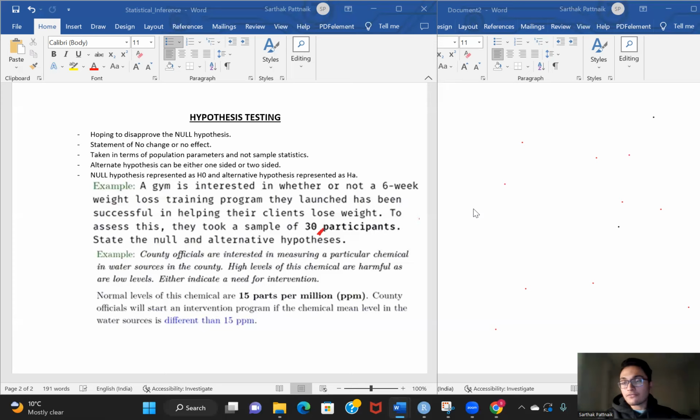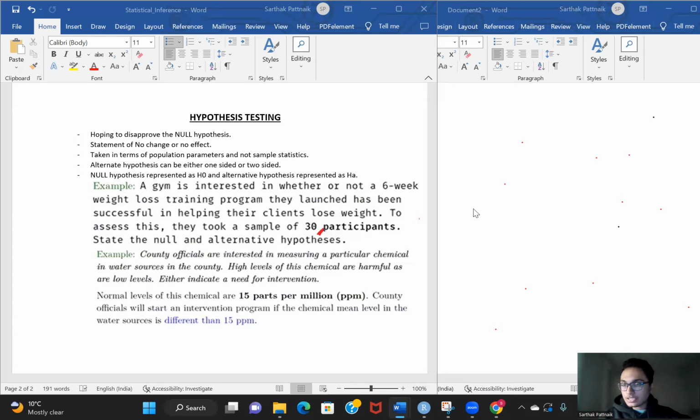Suppose I am eating a lot of chocolate and we want to see the after effects of eating a huge number of chocolates, and I say that the initial condition is that eating a lot of chocolate does not have any significant impact on my weight. This is the initial condition or the initial statement.